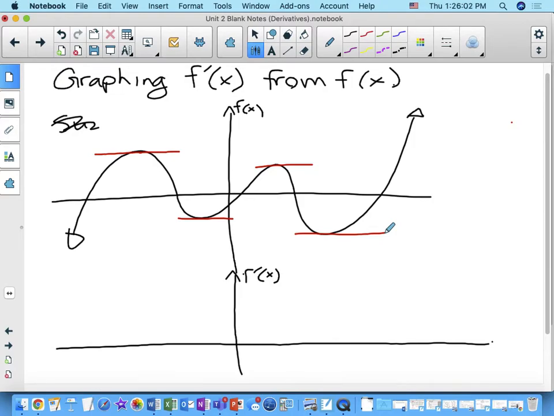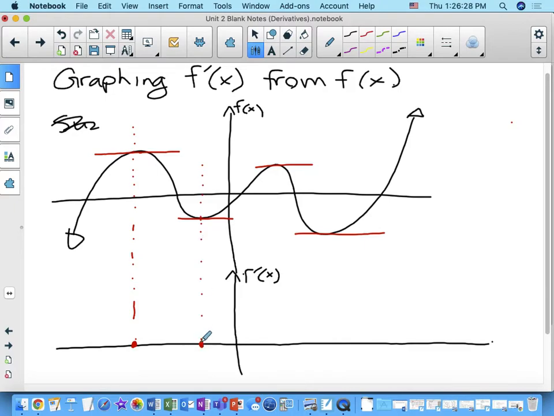What is the slope of a horizontal line? 0. So wherever the tangent line is horizontal, the slope, which is the value of the derivative, is 0. So I'm going to say, okay, there's a point at 0 there.